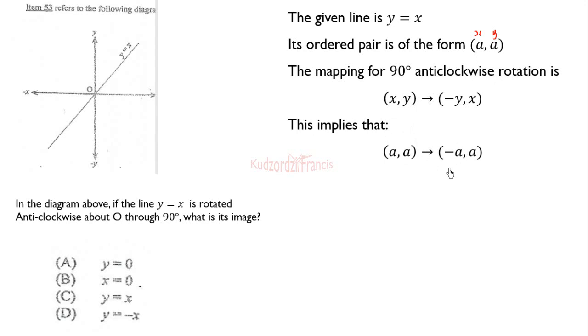So x equal negative a, y equal a. But we know that negative a is for x and a is for y, so negative of y.